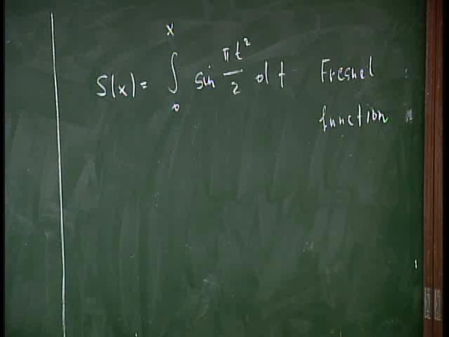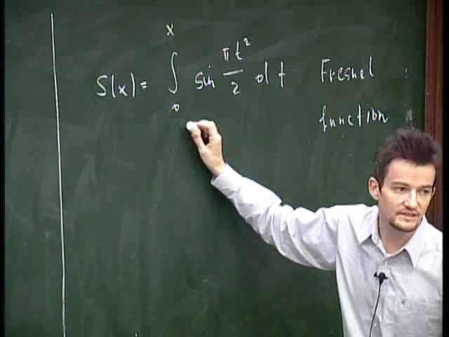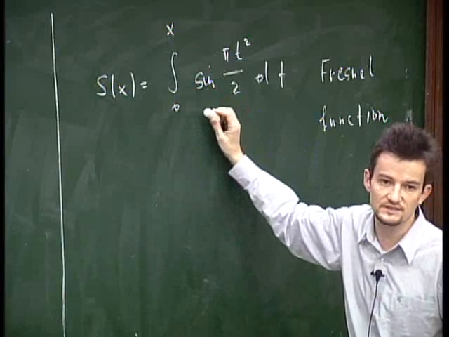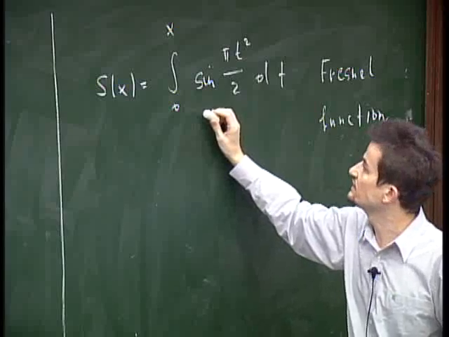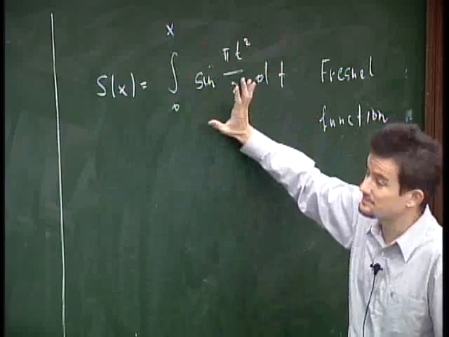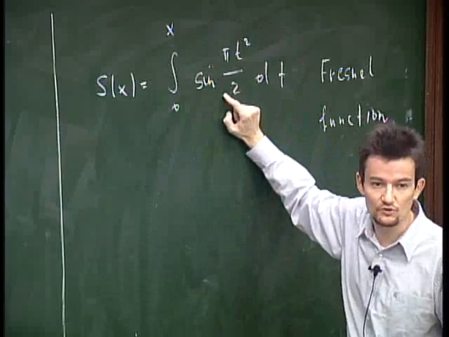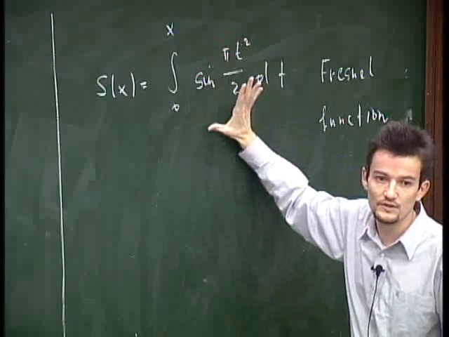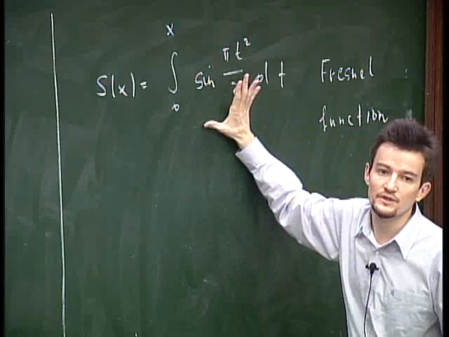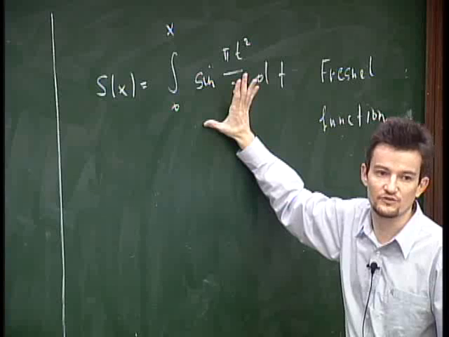Now, the reason why we define the function like this by an integral and do not compute it is because it can be proved that it is not possible to express this here. This, of course, exists because this function is continuous. So this has some value, but it can be proved that it's not possible to express it as simple functions of x.